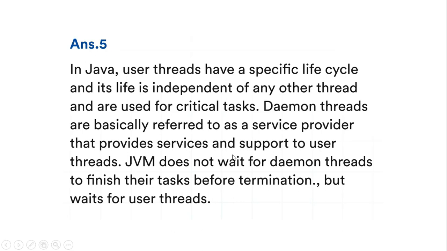JVM does not wait for daemon threads to finish the task before termination, but waits for user threads. If you terminate user threads, the daemon threads will be automatically terminated. If you terminate daemon threads, the user threads will not be affected. When all user threads are terminated, then daemon threads will be terminated.